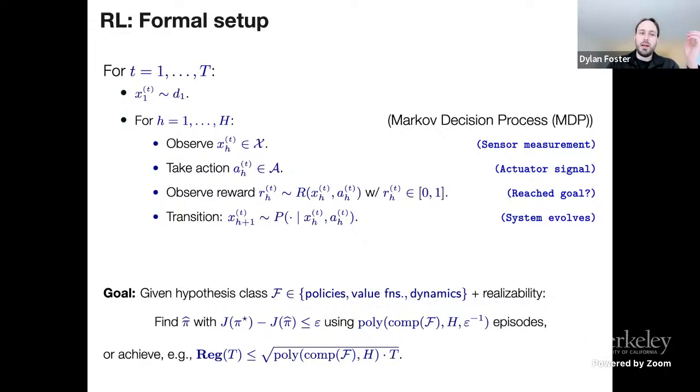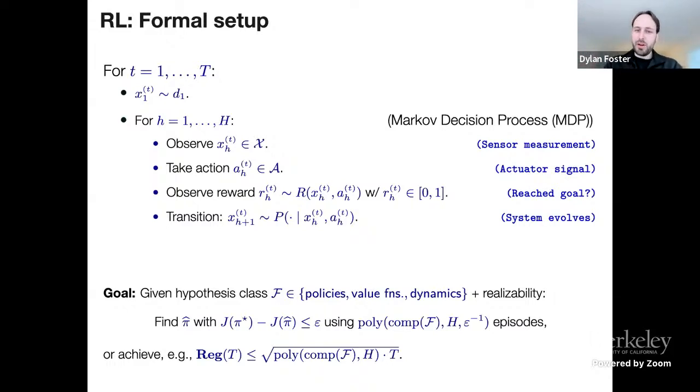So now that we have our hypothesis class, value functions, probabilities, I'll briefly restate the statistical goal for this setting. We're going to follow the same episodic RL setup as in the first part of the talk, so I won't focus on this.